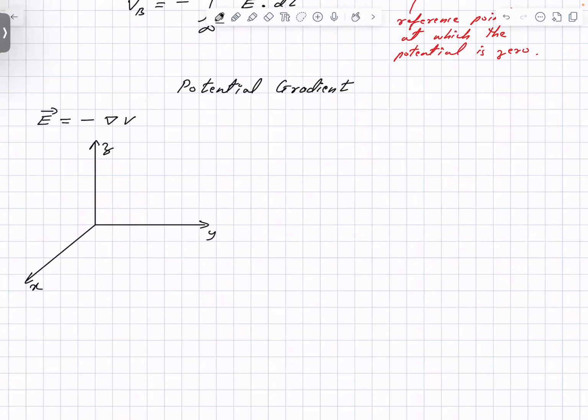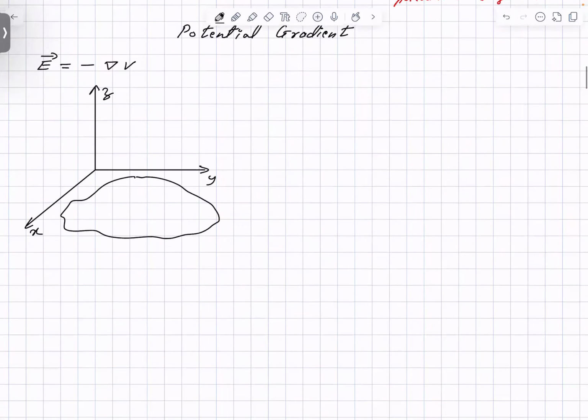So that I can draw this easily, I'll just draw a plane on XY. Not a plane, but a surface like that. Let's say it's right on the XY plane. On this surface, potential is fixed.